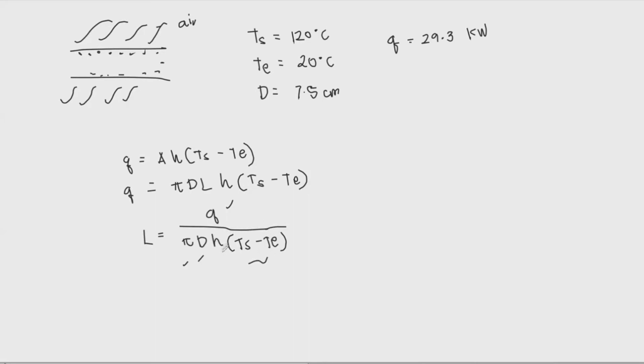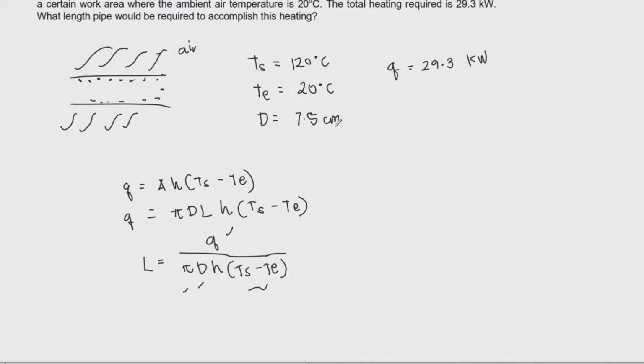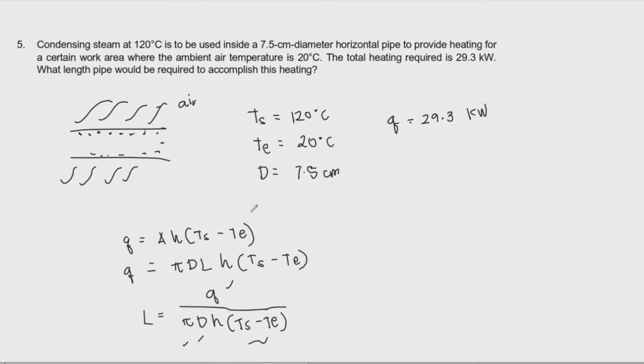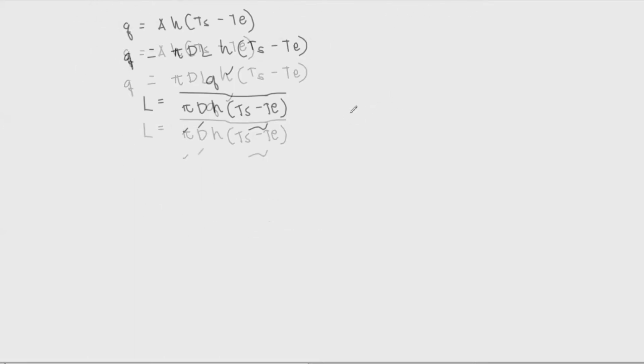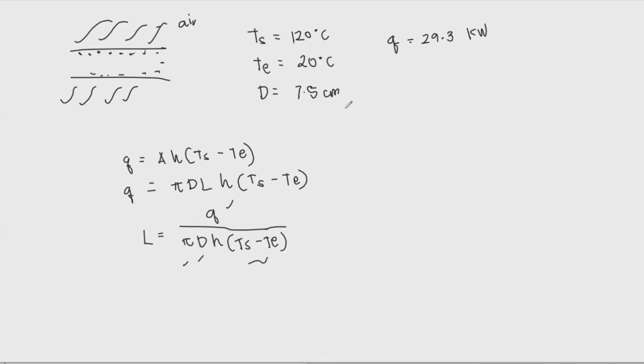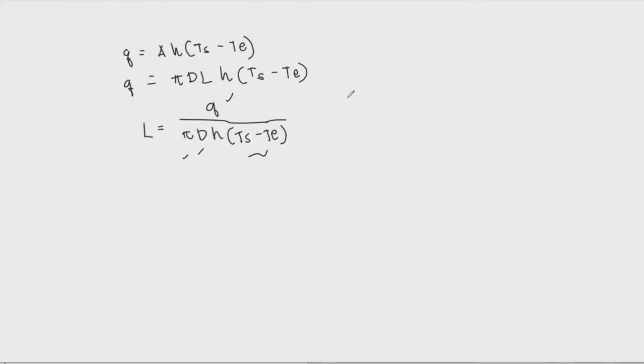So we just need to find our h, and we'll be taking that from our expression of the Nusselt number for our horizontal pipe. So remember, this is also a horizontal pipe, so we'll be using the same expression for Nusselt number. And to do this, we need to find the Rayleigh number and the Prandtl number. So I'll be writing the working equation that we need to find h.